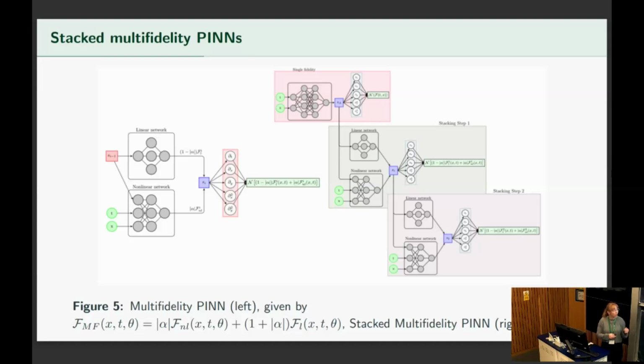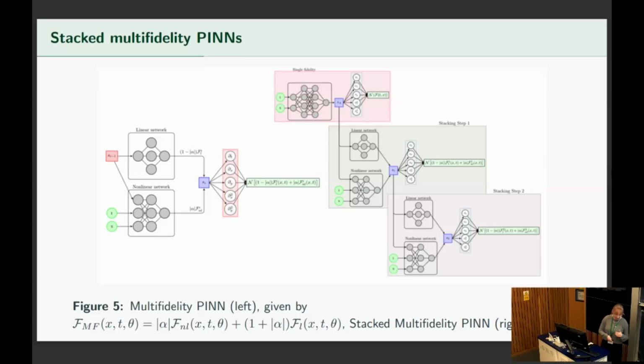Then we feed that output into a multi-fidelity neural network, where the low fidelity approximation is the output of the network at the previous step, and the high fidelity approximation is taken to be the system of differential equations that we're trying to enforce. We continue this process as many times as you like, where the output at one level is taken as the input, as a low fidelity approximation, for the next level.